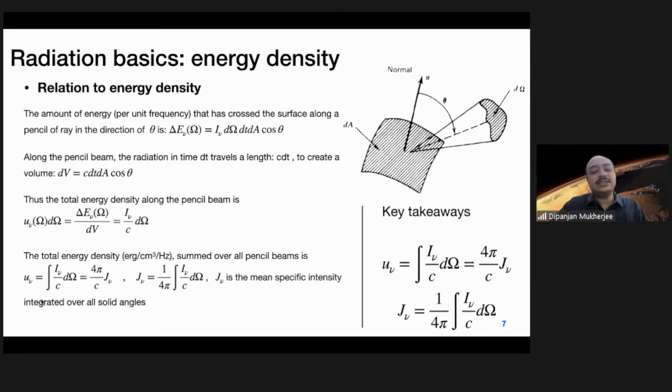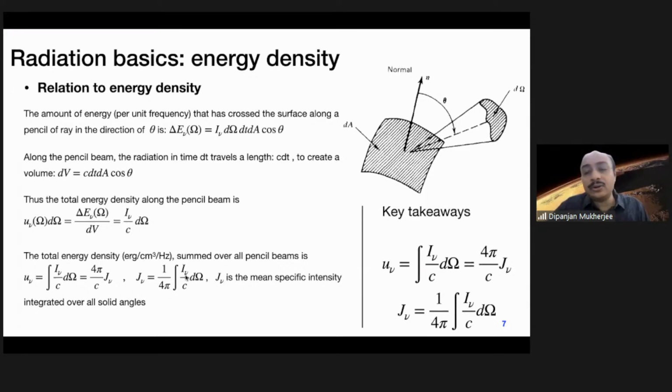But the total energy density, you just integrate over all the directions. So this is I nu by c d omega. And this is just a different way of representing it. What we call it is J nu, capital J nu, the mean specific intensity, which is you average over all the solid angles.